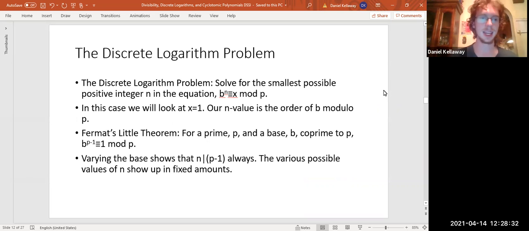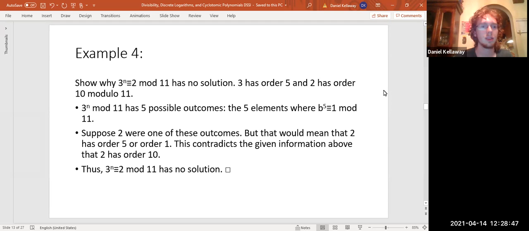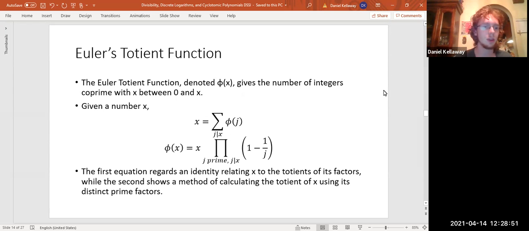We're going to look at the case where b to the n is congruent to 1 mod p. So now we have our base, our order n, and our prime p. So there are a lot of benefits to each of these different representations, a lot of different information that can be obtained.